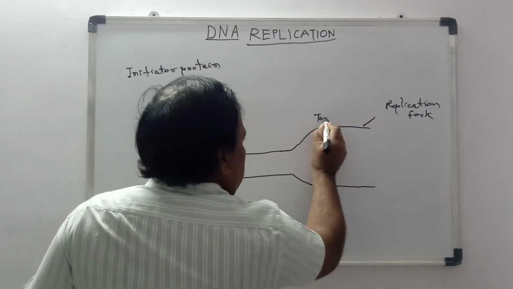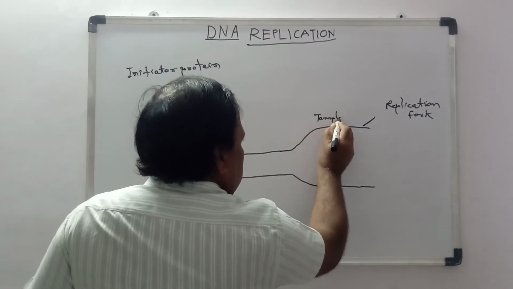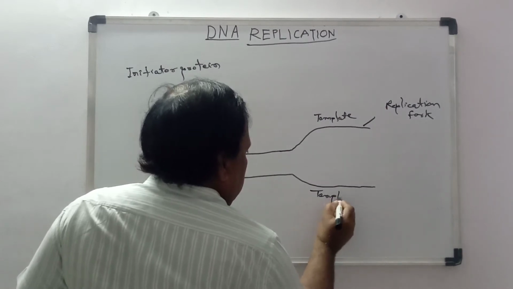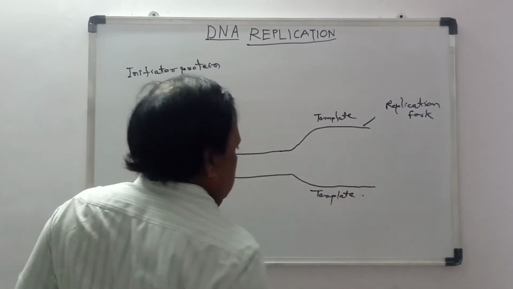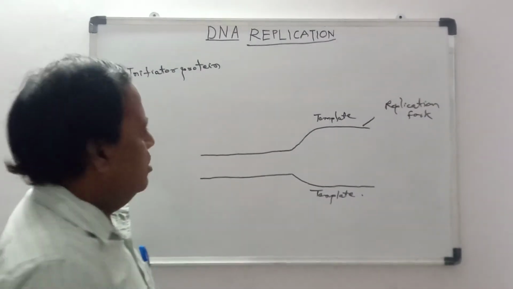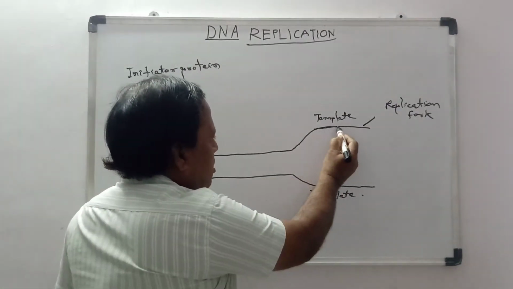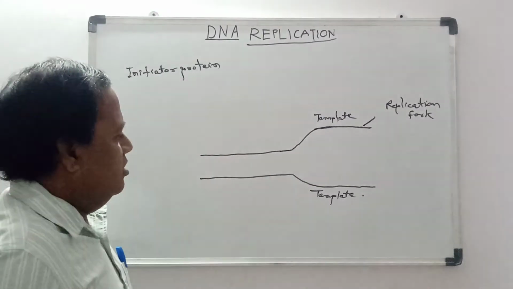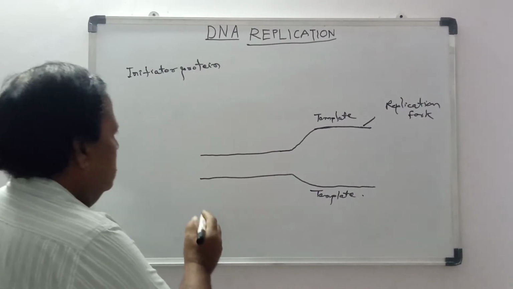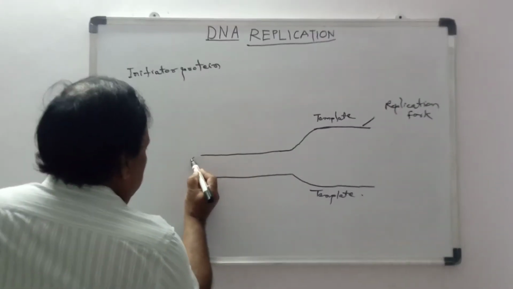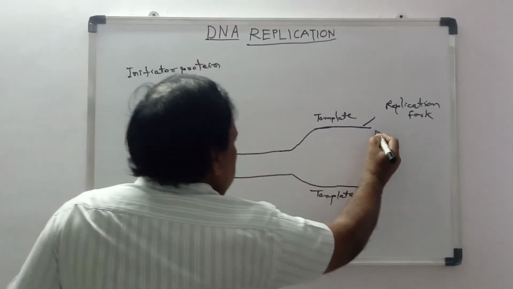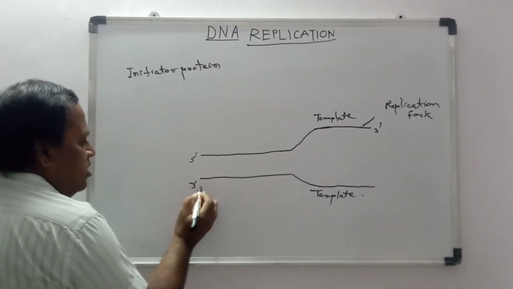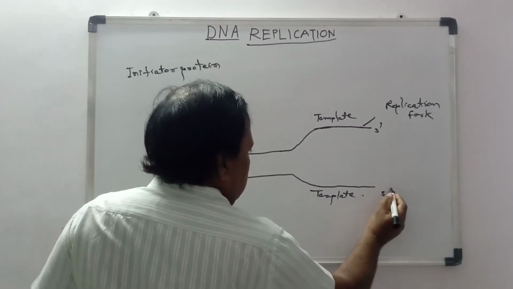This is the template. This is also a template. A template is the position on the DNA strand from where the replication of DNA starts. This is also a template. Suppose this is the 5' end, this is the 3' end, then obviously this will be the 3' end and this will be the 5' end.